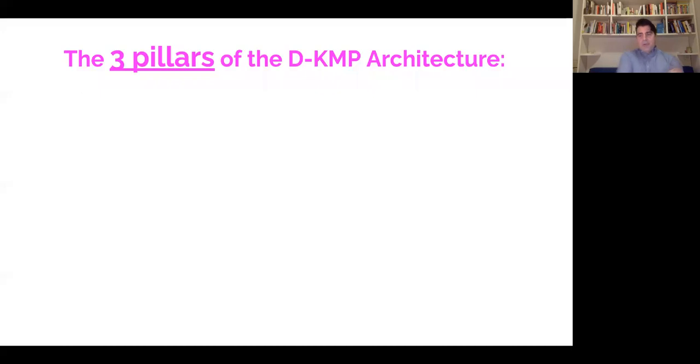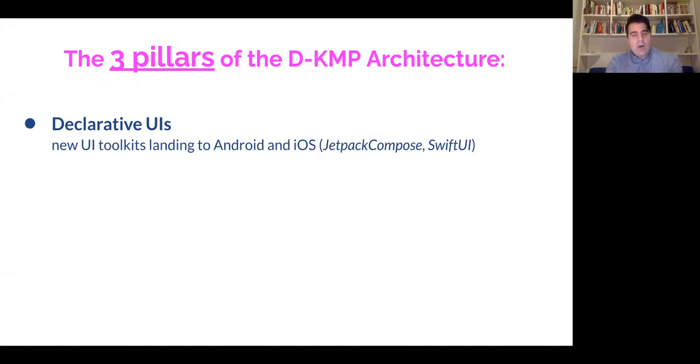So let's go through the 3 pillars of our D-KMP architecture. First, declarative UI. Why declarative UI? Something has been happening at the moment in both mobile frameworks, Android and iOS, where the traditional UI toolkit is effectively being replaced by a new toolkit, a declarative UI toolkit.